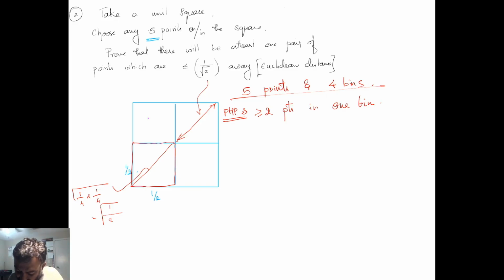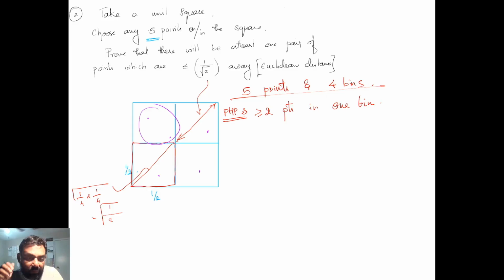It doesn't matter how you throw the 5 points, there's at least one bin which will have 2 of the points, and the moment there is one bin with 2 points, the distance between those two has to be less than or equal to 1 by root of 2, because the longest length between any 2 points on the smaller square is the diagonal. Anything else is smaller than that straight line distance.